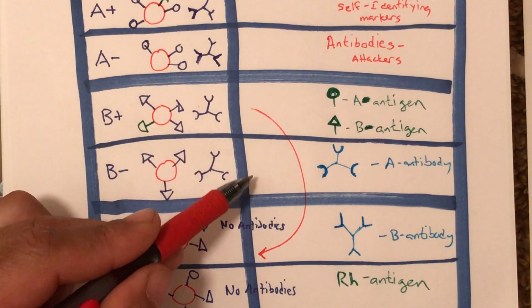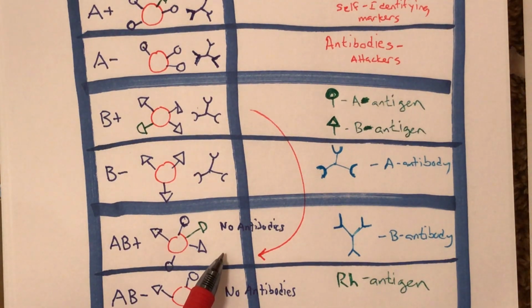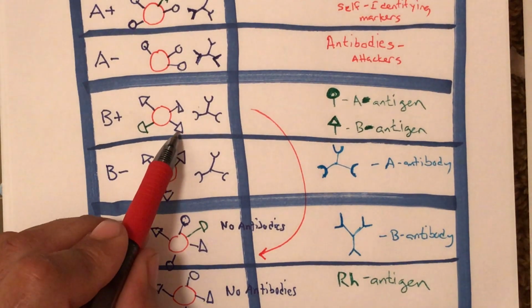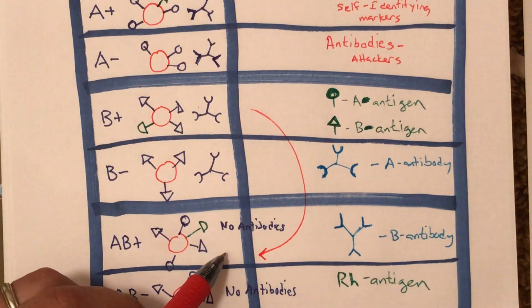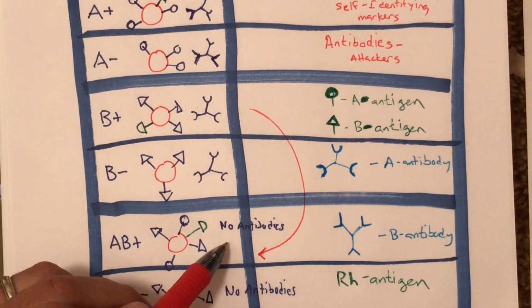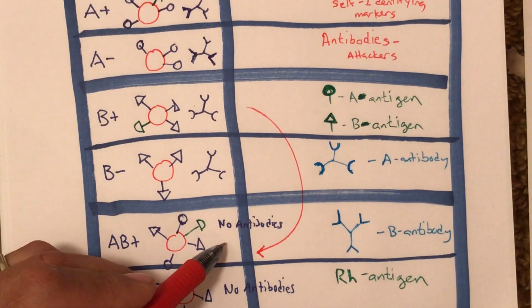If we are to place them into blood with AB positive blood, we look at the recipient's antibodies: will this person's antibodies attack antigens with triangular antigens? And the answer is no, for a couple of reasons. For number one, they don't have any antibodies. They don't have any attackers. And therefore, they're safe.